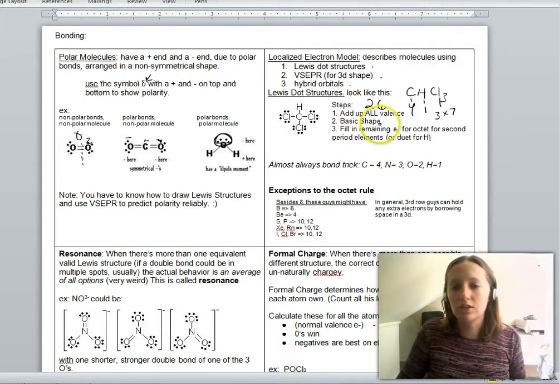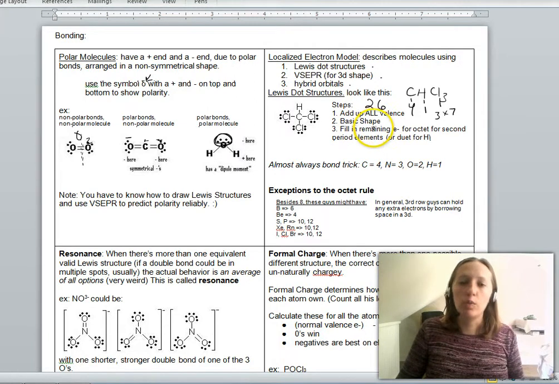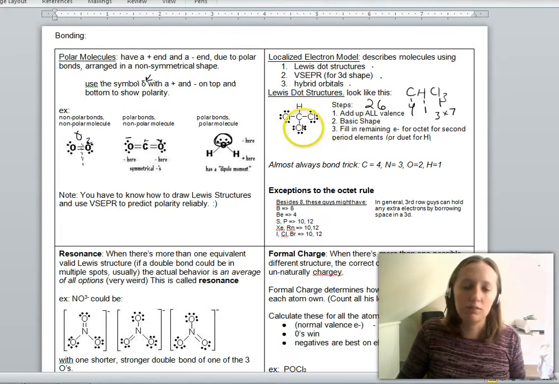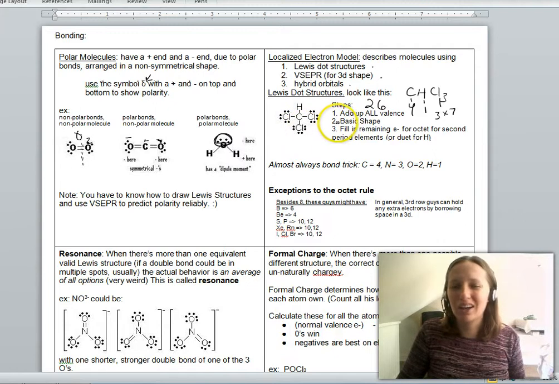All right, your basic shape. Basically all of the questions that you're going to encounter for these Lewis dot structures are going to give you a central atom with dudes around him. Dudes being atoms or lone pairs or whatever. They're not giving you really long, complicated molecules because they just want you to understand your basic angles and basic shapes.